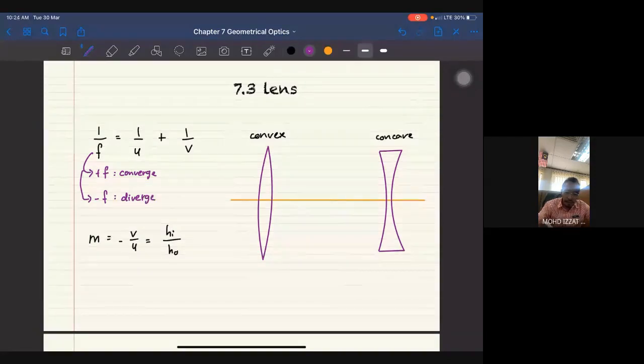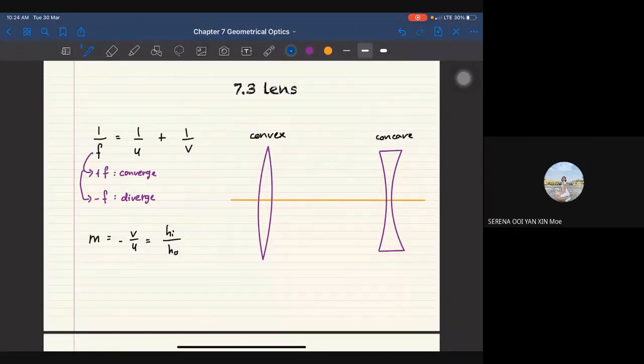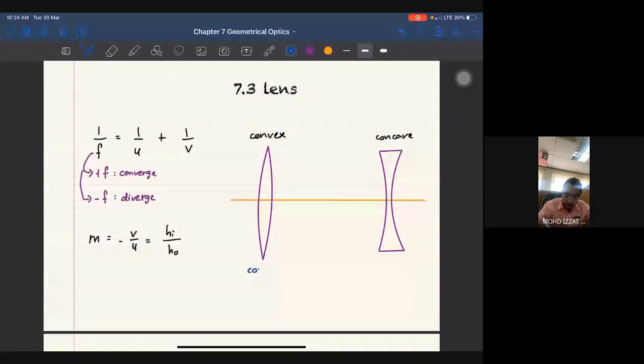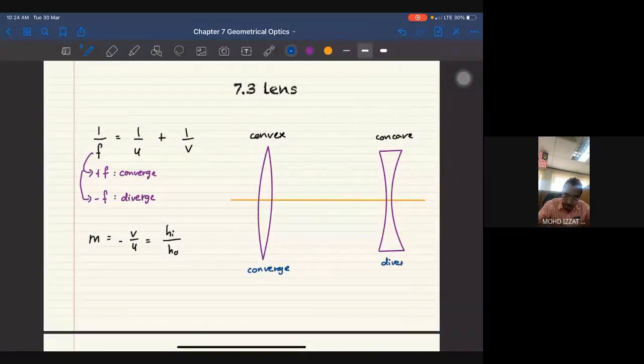So if you're comparing the convex and concave, which one is converge and which one is diverge? I mean by its shape, boleh tahu. Convex. Converge. Okay, so this one is converge. So obviously the other one is diverge. So you expect the convex will have a positive F, while concave you have a negative F.